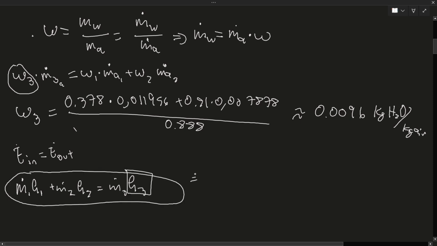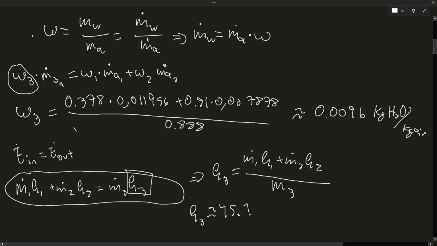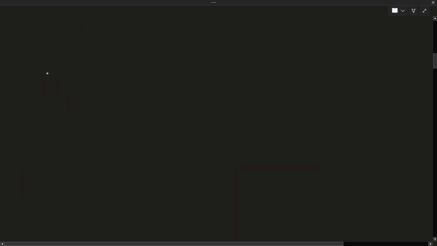So solving for H3, it's equal to M1H1 plus M2H2 divided by M3. All right? So plugging in all the values, I'm not going to copy everything down, but we get an H3 to be about 45.1. That's your enthalpy.